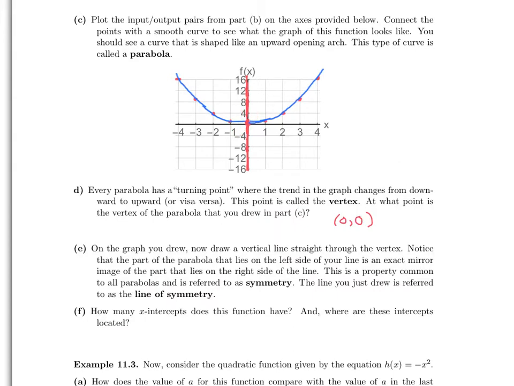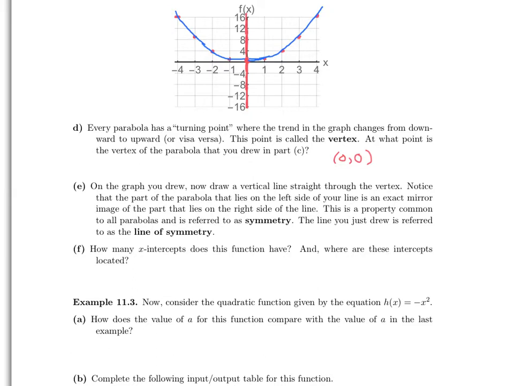So how many x-intercepts does this function have? There is exactly one x-intercept, and it is at x equals 0.